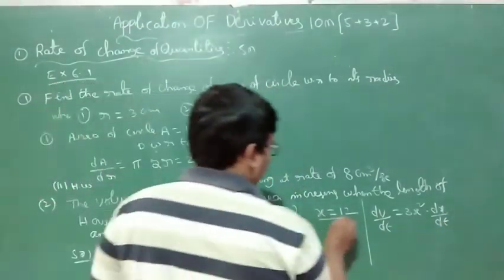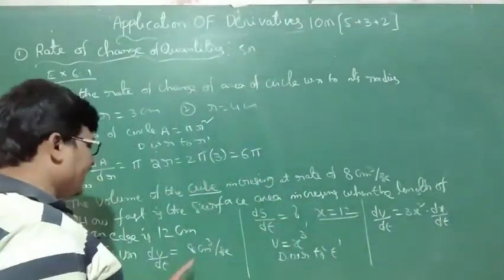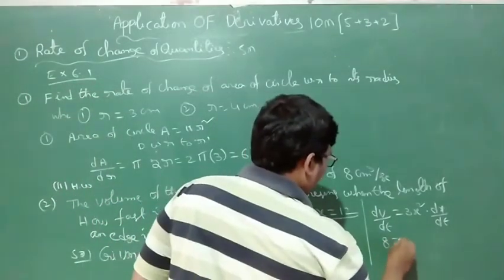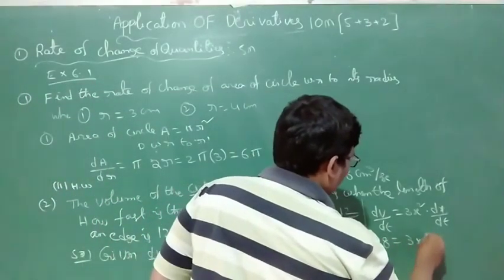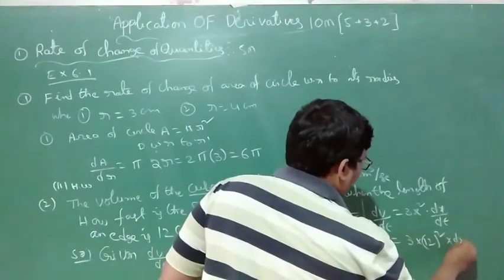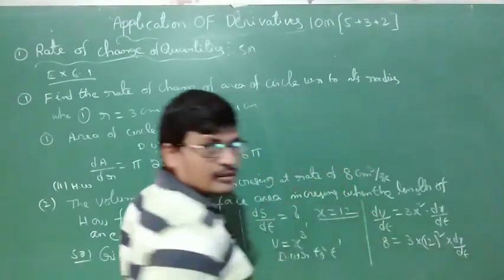x is given 12. Next, dV by dt is given 8. So 8 is equal to 3 into 12 square into dx by dt.